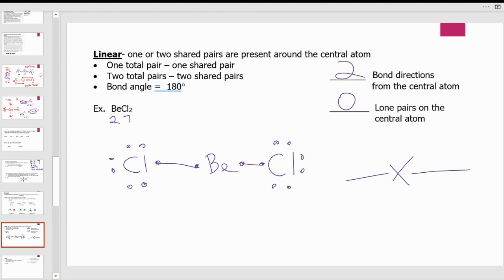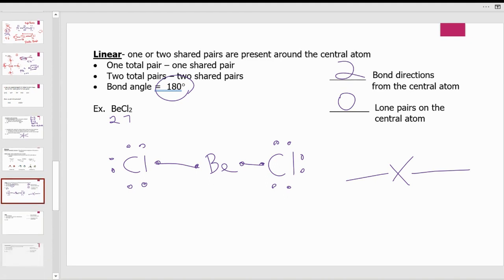Yep. This is a 180-degree bond angle. They're as far apart as they can be. If there was a pair of electrons on here, I'm just going to cheat and pretend this is a pair of electrons, it would push the bonds away into an angle. But these electrons don't exist on there, and so they maximize the distance at 180.